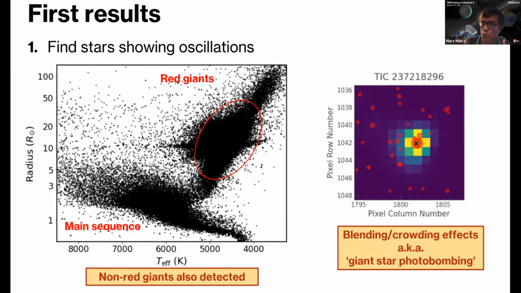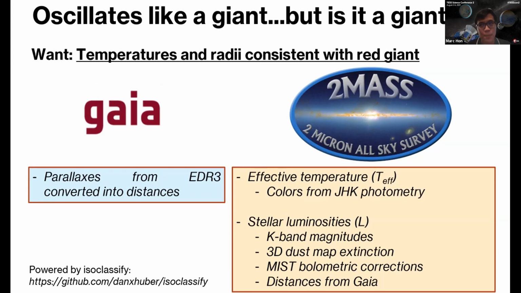The star shows giant oscillations, but it also must have a temperature and a radius of a giant. And here is where we appeal to other all-sky surveys, Gaia and 2MASS, to help us with this identification. Gaia gives us parallaxes from which we can compute distances. 2MASS gives us JHK magnitudes from which we can derive a color.